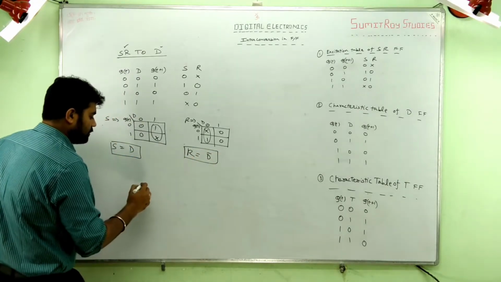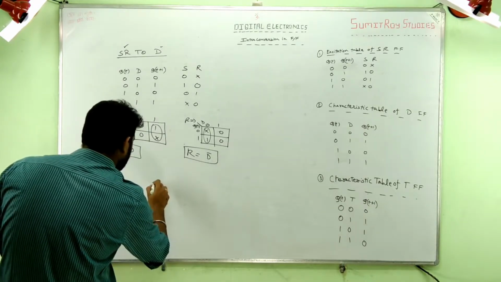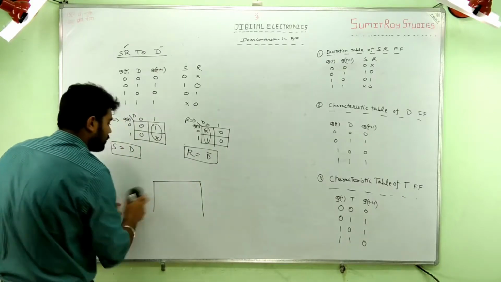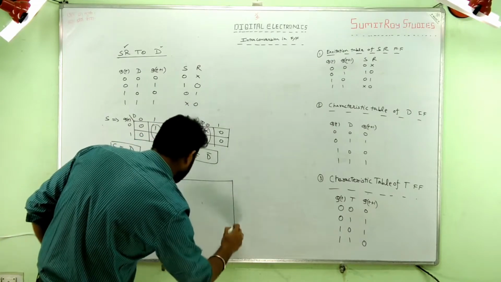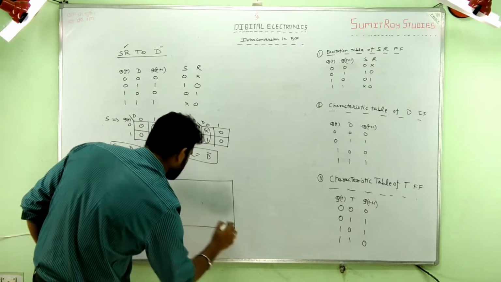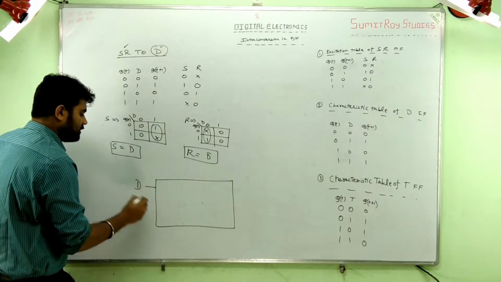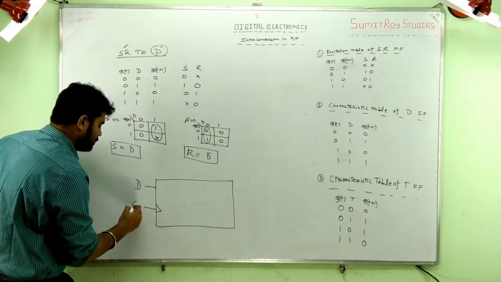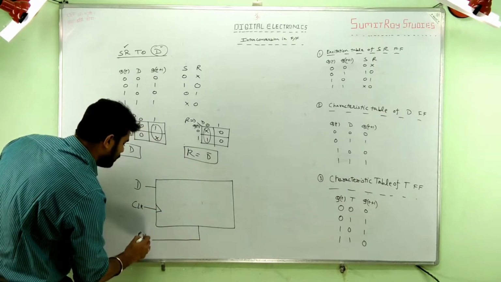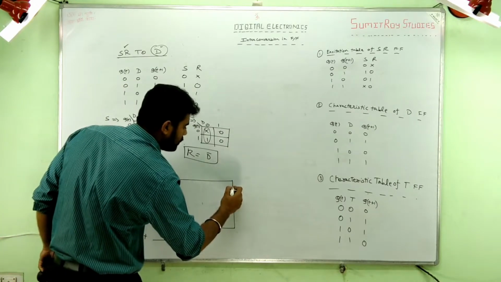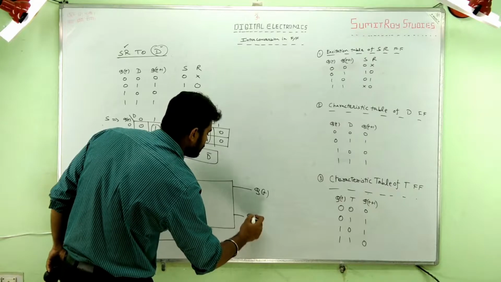So for the diagram, I'll draw a bigger diagram this time. Now from the outside, we have achieved D. So what we are having is D, a clock, and reset or reset N, it depends on what you require, and QT and QT bar.